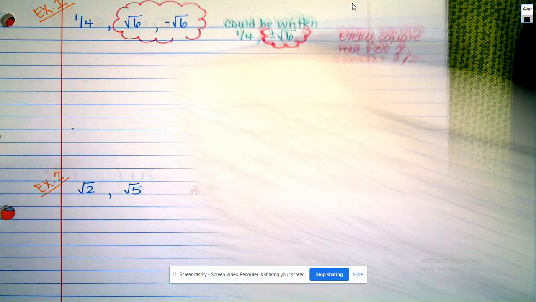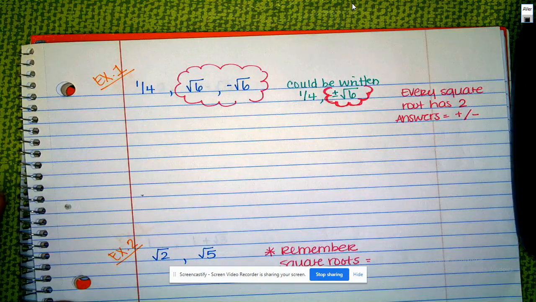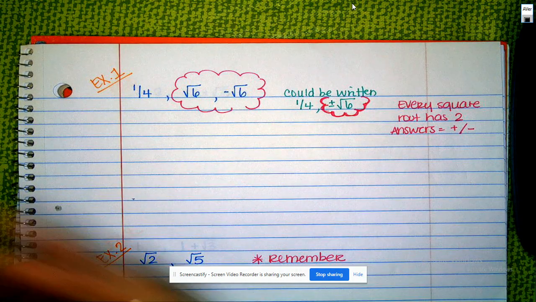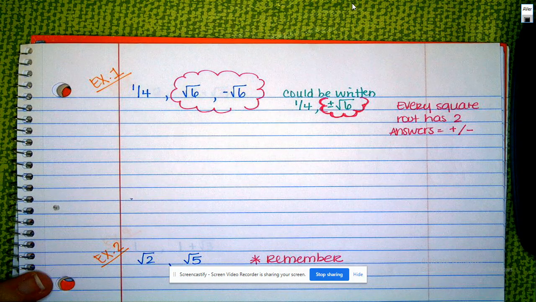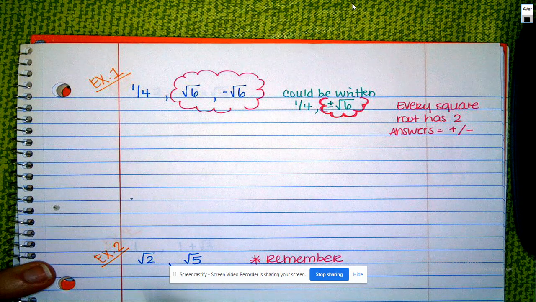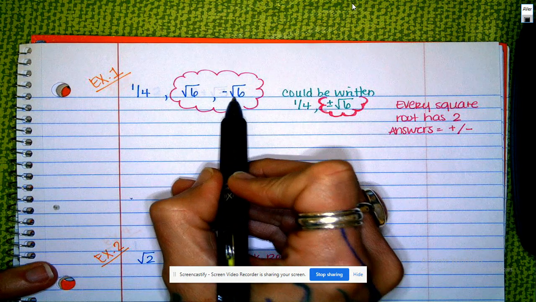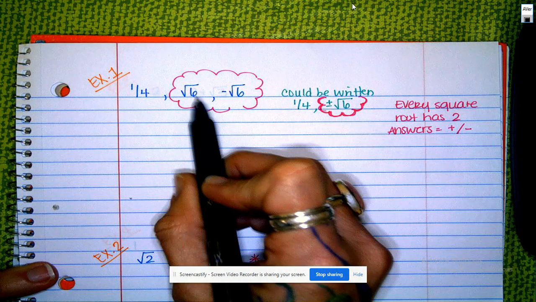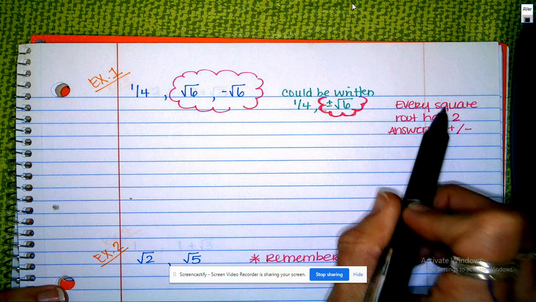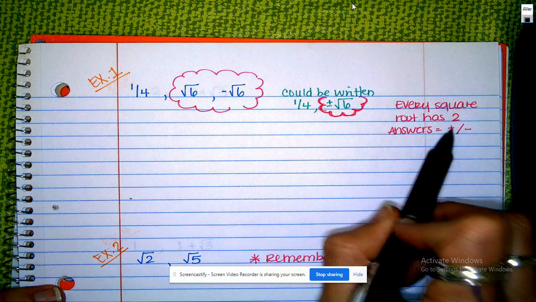So if we are looking at these guys, so looking at your zeros going to your factors to be able to write the polynomial. So these, just like we said over there, the plus minus square root of 3 on our earlier example, this is plus minus square root of 6. So it can be written this way or this way. And that's again because every time you square root a number, it has 2 answers, the positive and the negative.